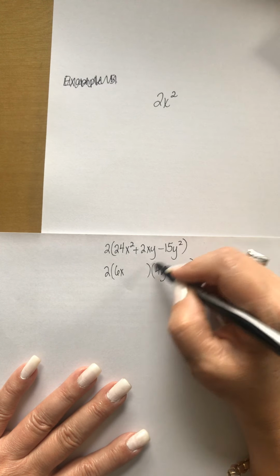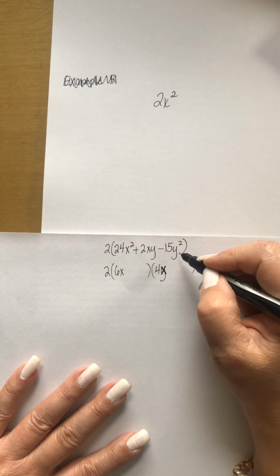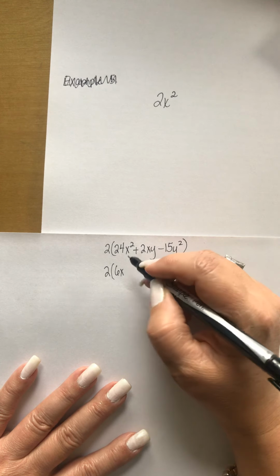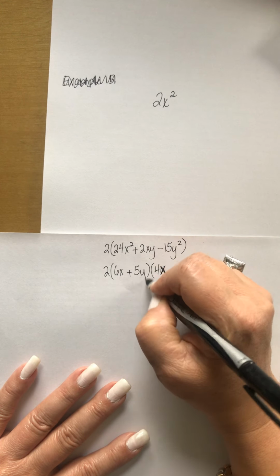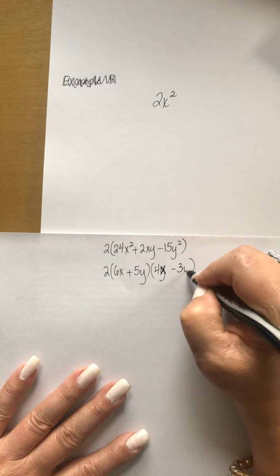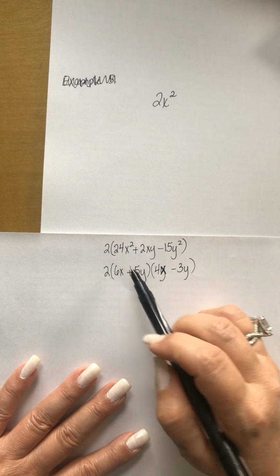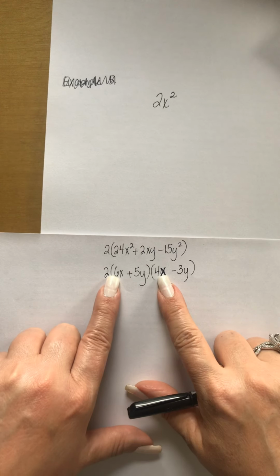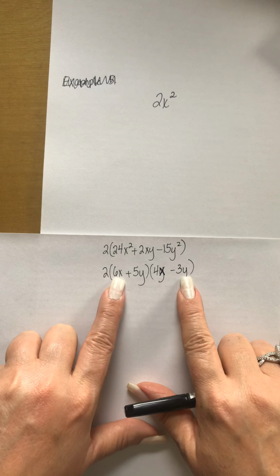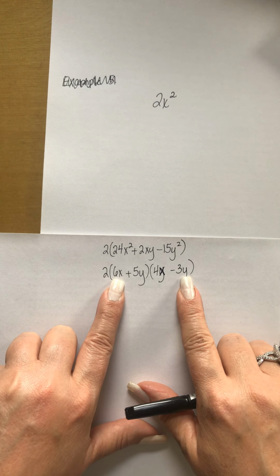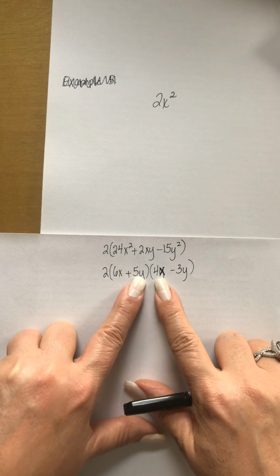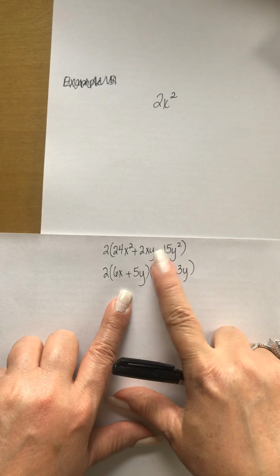And then what two combinations give you negative 15y squared? It ends up being 5y and negative 3y. Now when you FOIL, remember, you don't have to do the first and the last. You want to do the outer and inner. So that's negative 18 plus 20 is your 2xy.